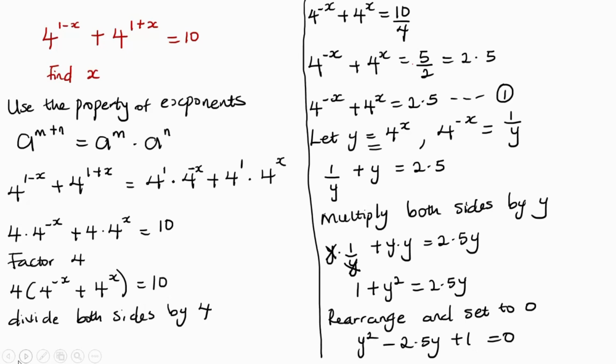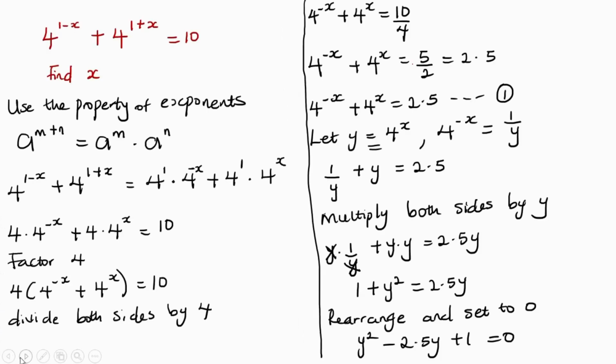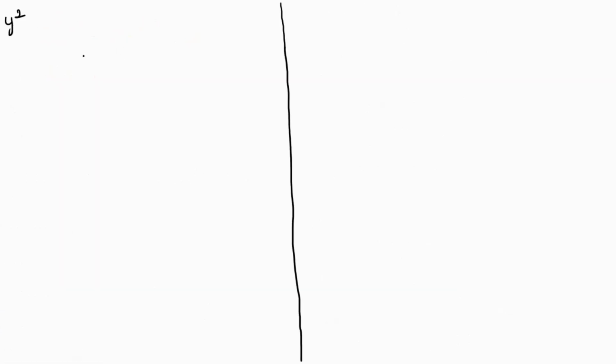So once we have this right here, the next thing we want to do is to simply solve the quadratic equation. So y squared minus 2.5y plus 1 is equal to 0.